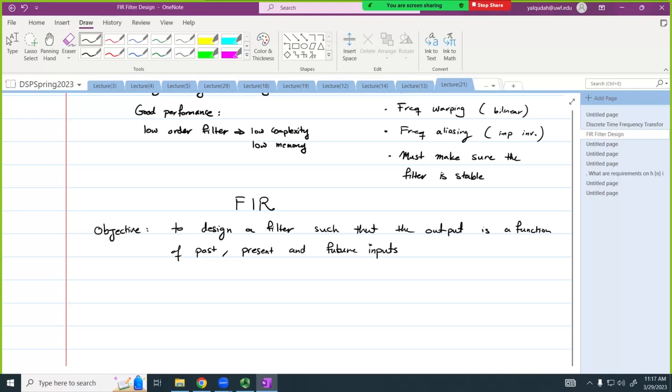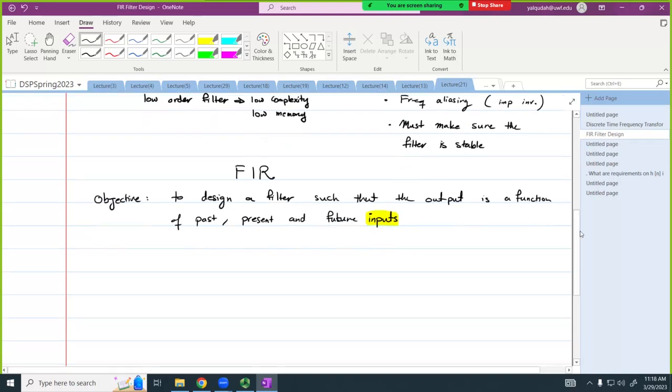Make sense? Now, both of these, present, past, and future, can apply to input and output. But for the FIR filter, the output is only dependent on the input. There is no dependency on the output. There is no recursion. There is no feedback. I don't have to know the output and store the output to calculate the future outputs.